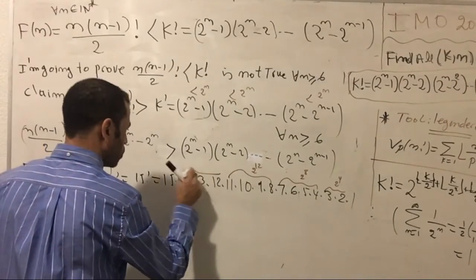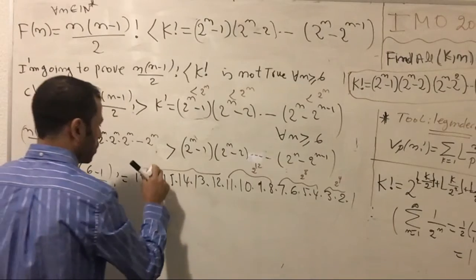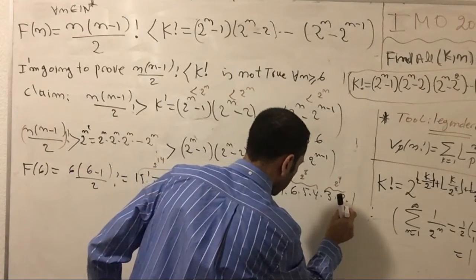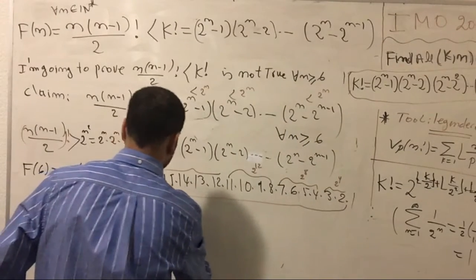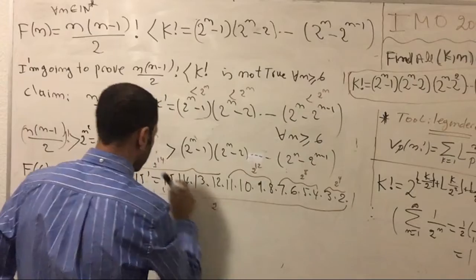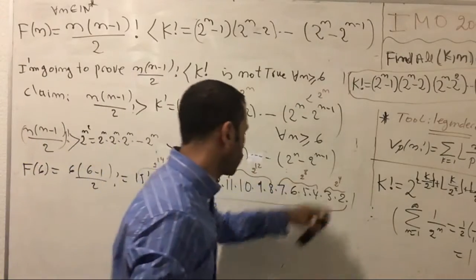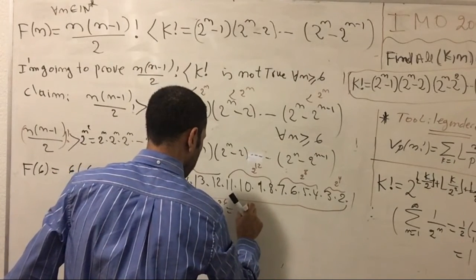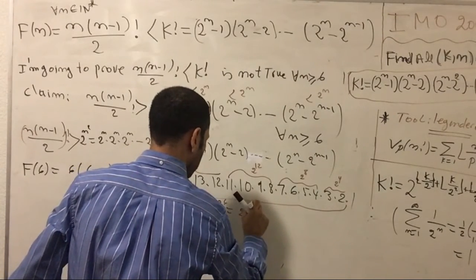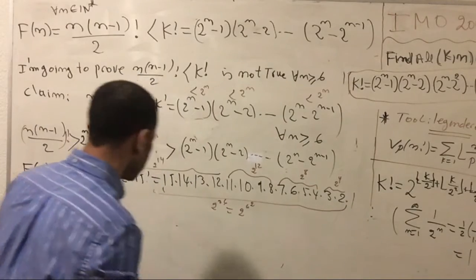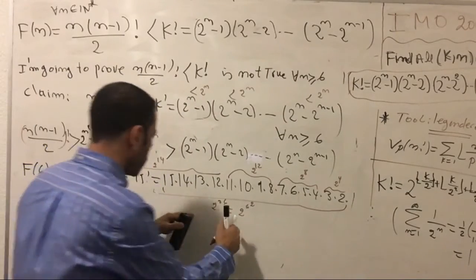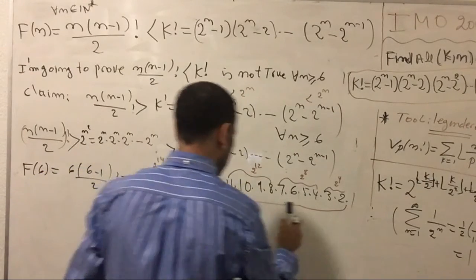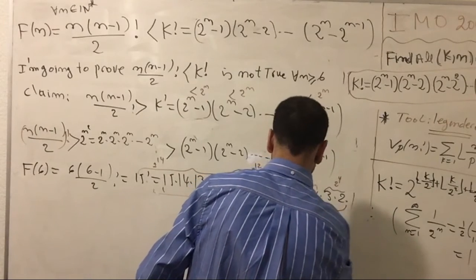From here to here, I can pick up 2 to the 14. If you add them together, 2 to the 14 plus 12 plus 8 plus 4 gives you 2 to the 36. 2 to the 36 means 2 to the 6, squared. That means this number is bigger than 2 to the 6 squared, so f of 6 is bigger.